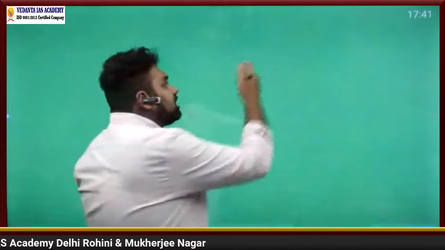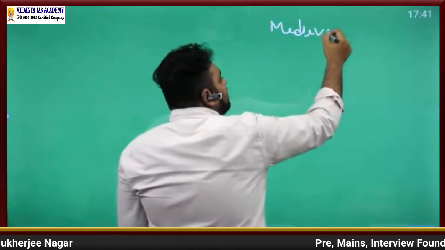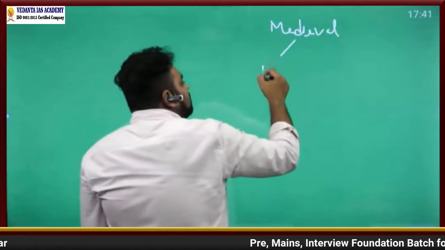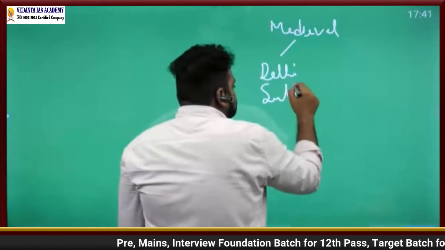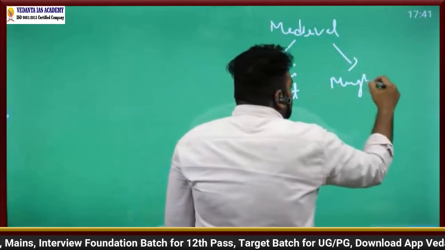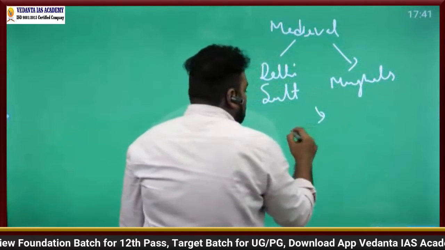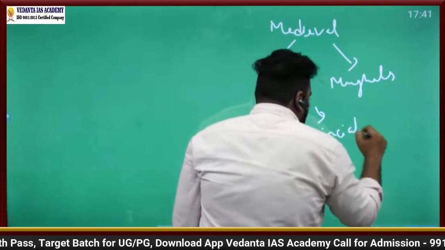Then the most important thing comes in the medieval India architecture, that what was being made in medieval Indian architecture. So that is divided into Delhi Sultanate, then your Mughals, and the third is the provincial, right?